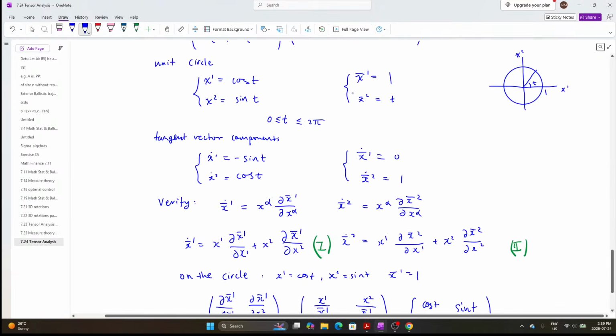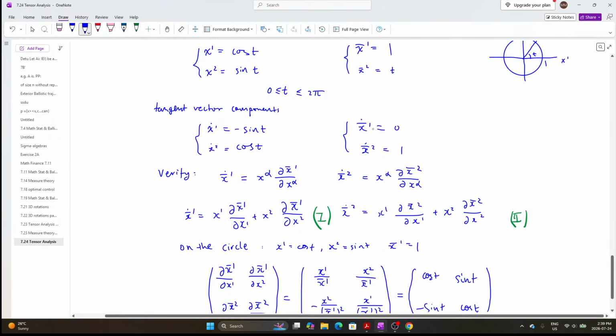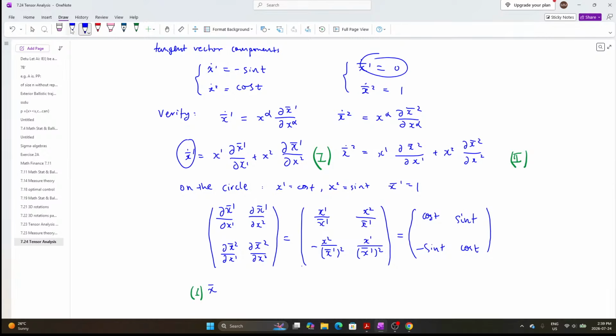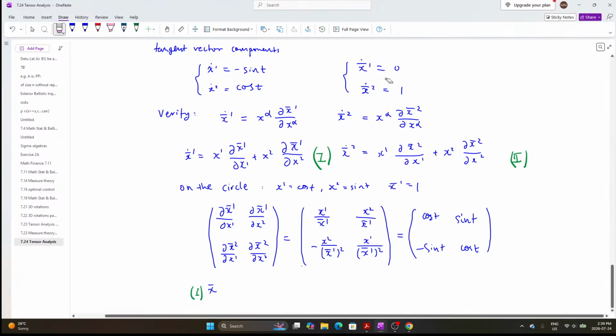Here, x bar 1 dot is 0. Right here, this thing should be 0. So we evaluate the right hand side and see if that actually vanishes. Let's put a 0 here. Equals question mark.